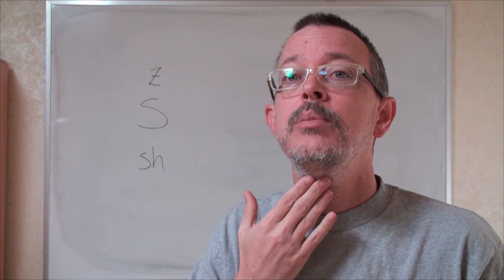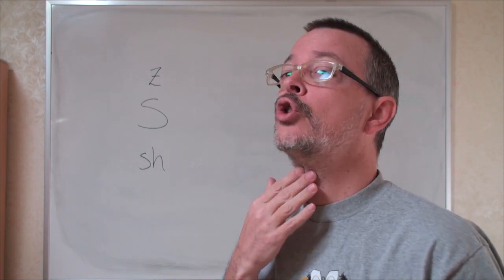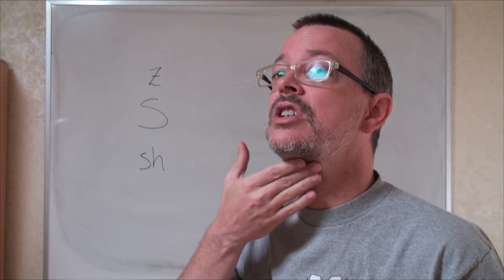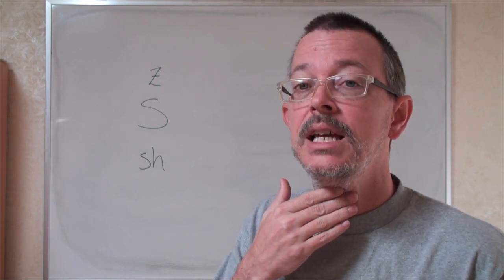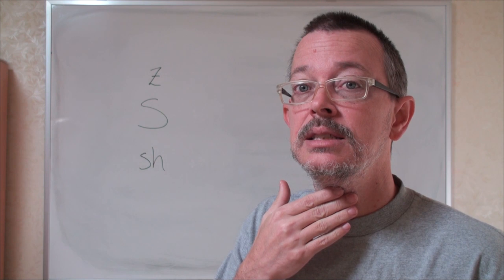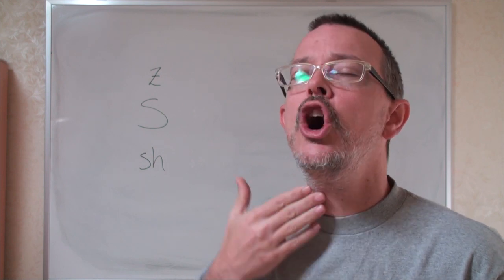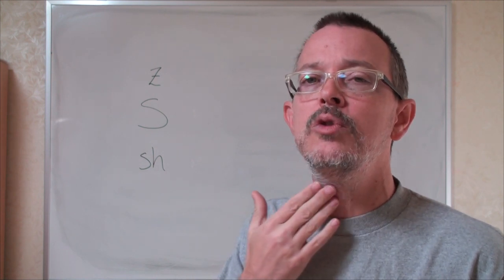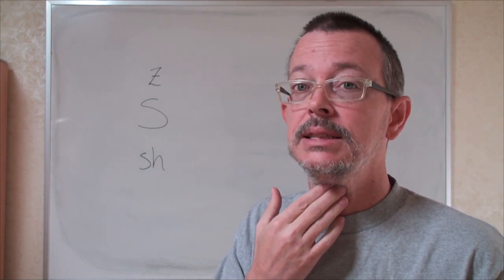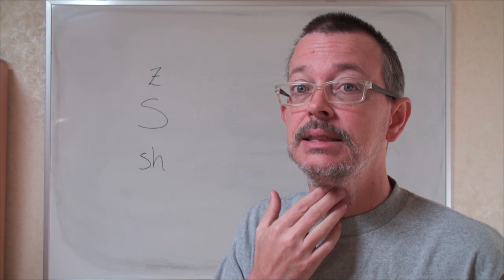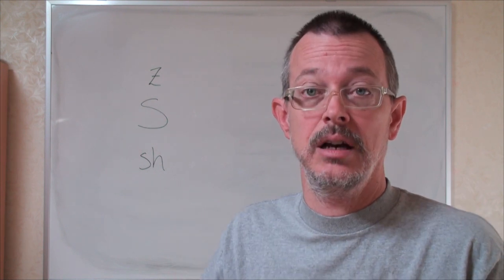And put your hand right here at the crook of your throat where your chin comes into your throat. If we do the S sound, S, S, there's no vibration, there's no movement. But when we do the Z sound, Z, Z, there's a lot of vibration.